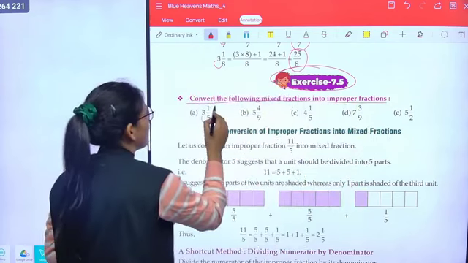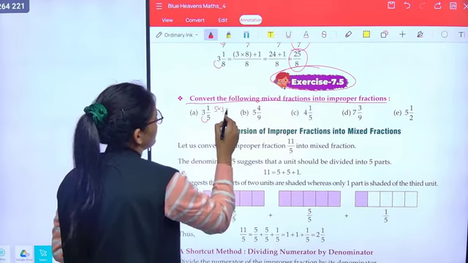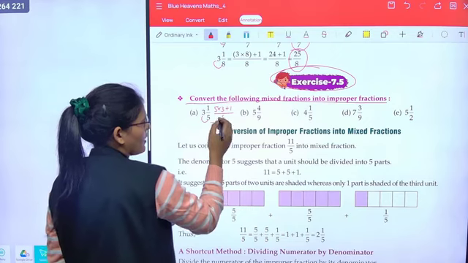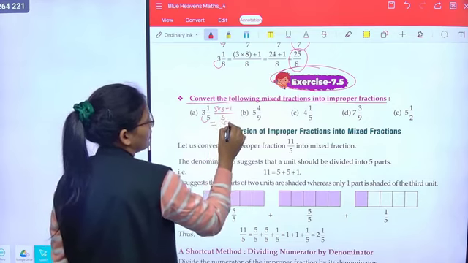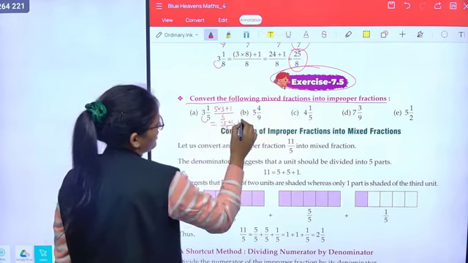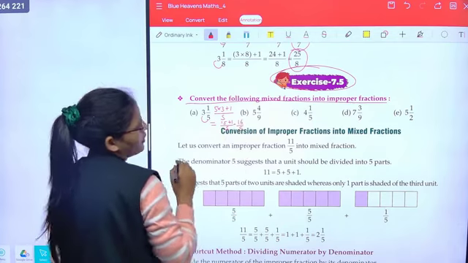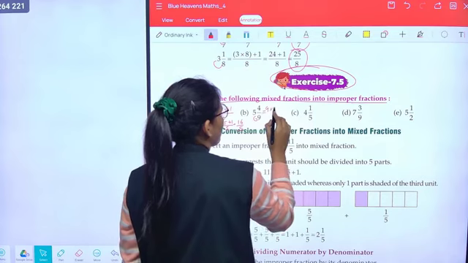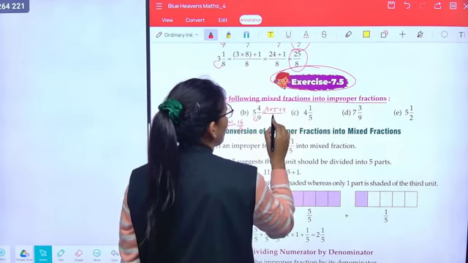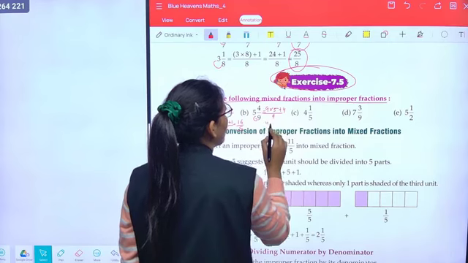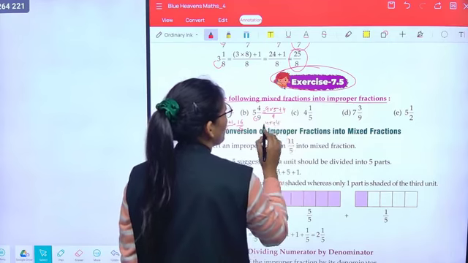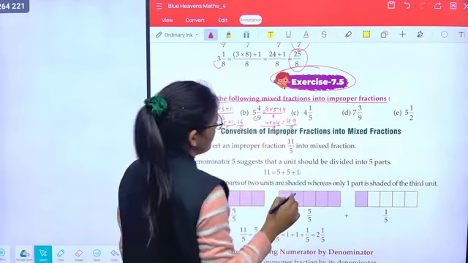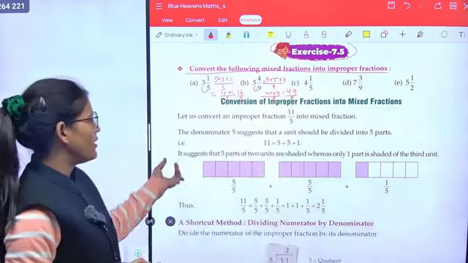Again, multiply 5 by 3 plus 1 upon 5, 15 plus 1, equal to 16 upon 5. Okay, again 9 multiplied by 5 plus 4 upon 9, 9 fives are 45 plus 4 upon 9, 49 upon 9. Do the rest of the parts yourself.